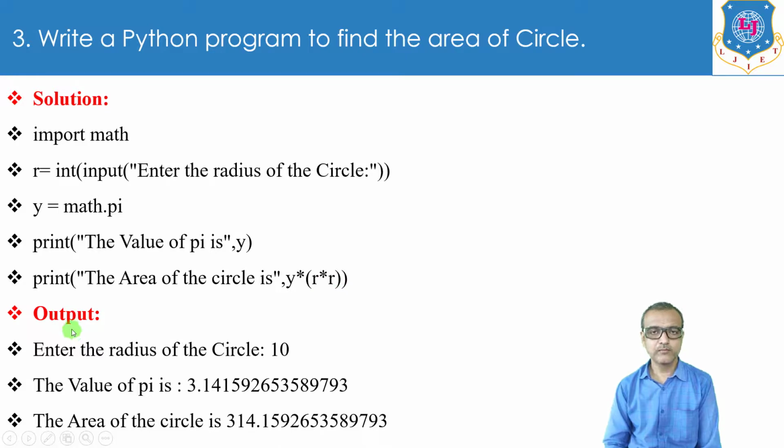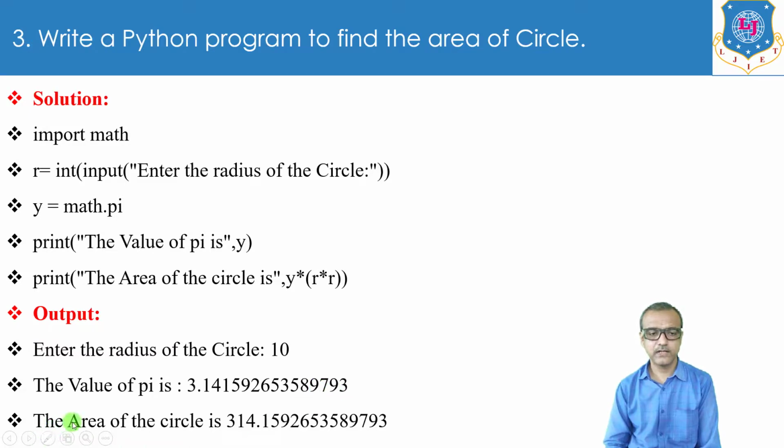So what will be the output in this case? Enter the radius of the circle. Say the user has entered 10. Then after, for this print statement, the output is like this. The value of pi is 3.1415926535897993. So this is the value of pi.